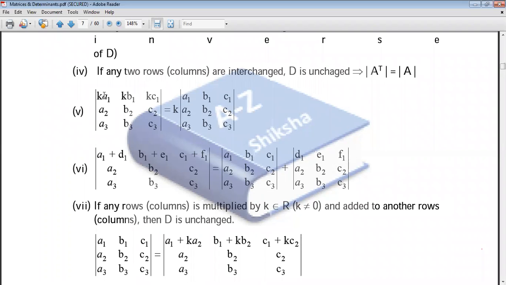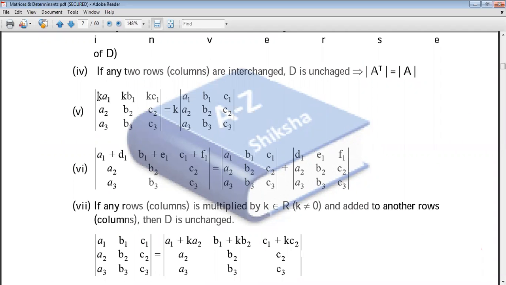See here, a constant is multiplied to a1, b1 and c1. So if a constant is multiplied with all the elements of a particular row, what will be the result? The value of the determinant is what?